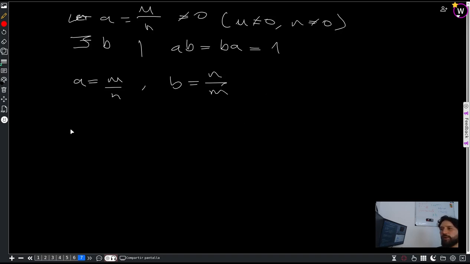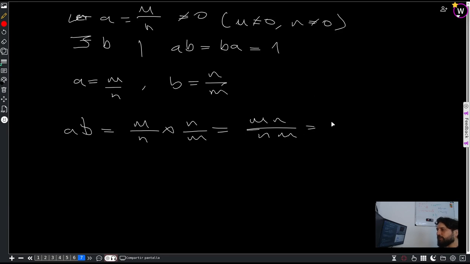So we can express a times b as m over n times n over m, which will give us mn over nm, by commutativity mn over mn, and this is basically 1. And here is our proof. And again, this is nothing but the multiplicative inverse.